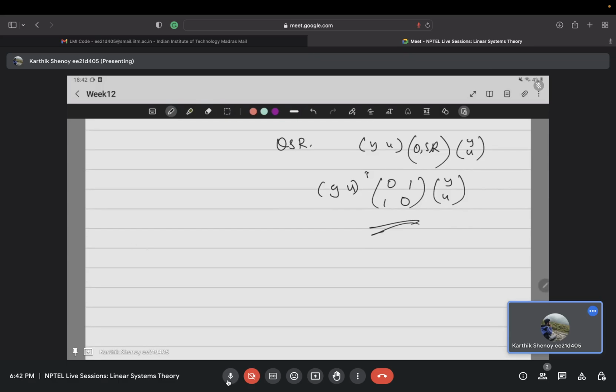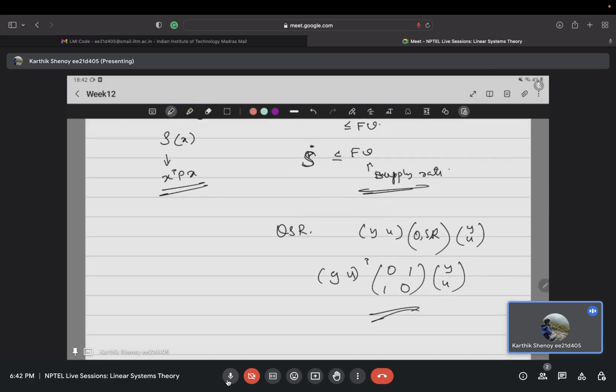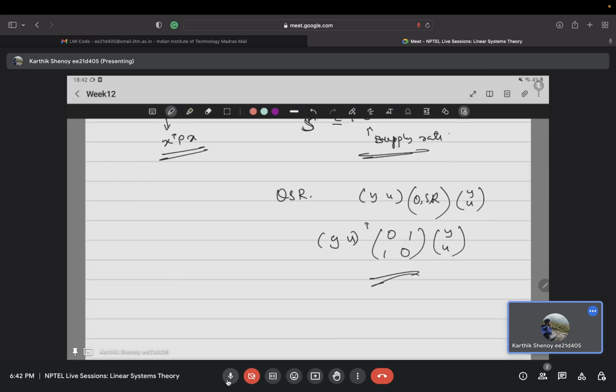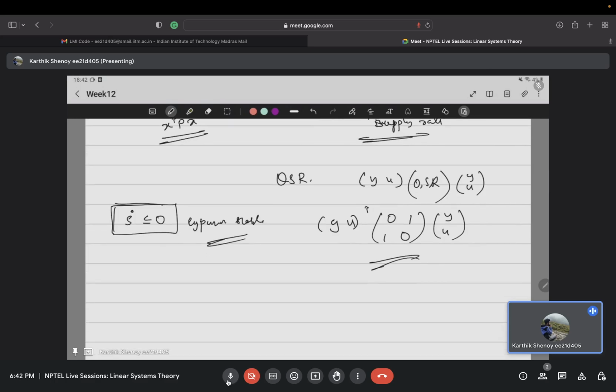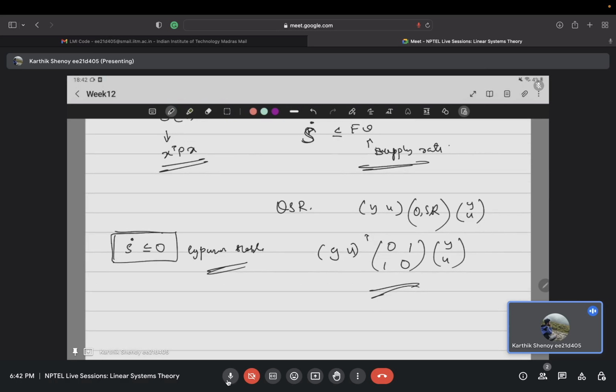So if the system is dissipative and the input is 0, then S dot is less than or equal to 0, right? Which means the system is Lyapunov stable. And you can also do control using dissipativity.